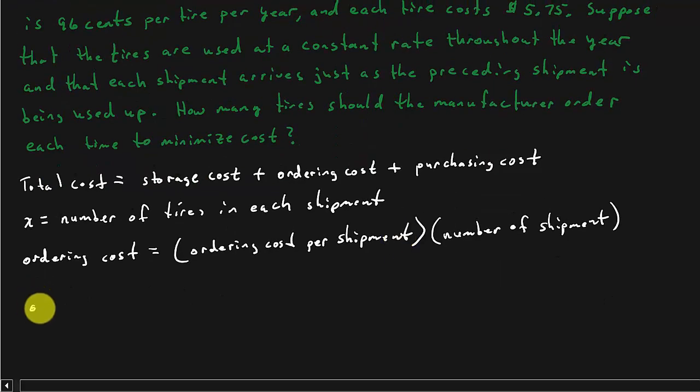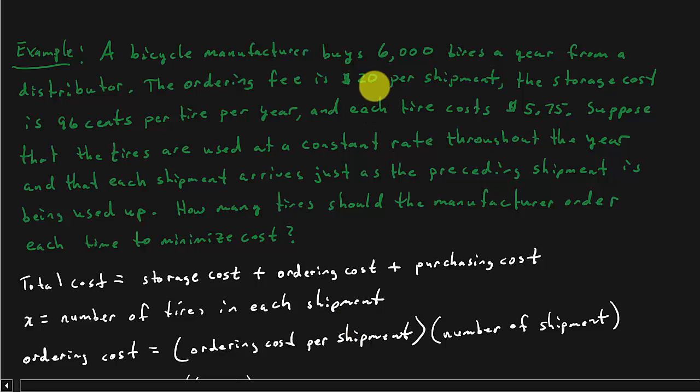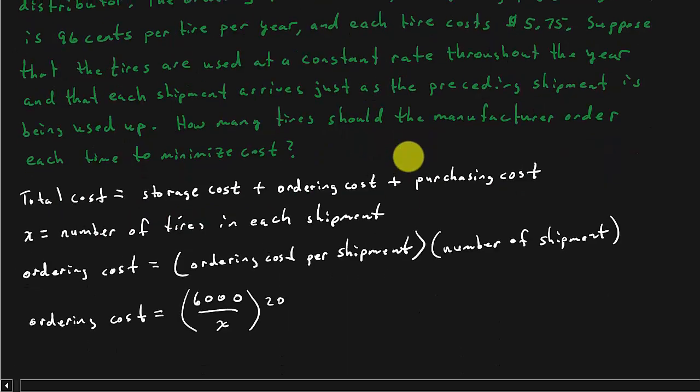So the ordering cost would equal the 6,000 divided by however many tires are in each shipment. That would be for one shipment, and then that would also be times 20 because it's $20 per shipment. And so this would give us 120,000 over X. So there's your ordering cost.